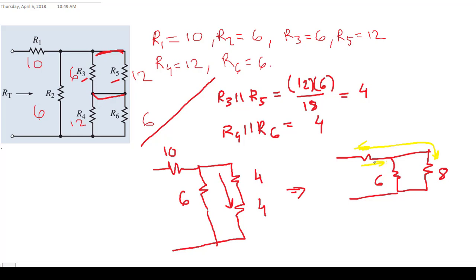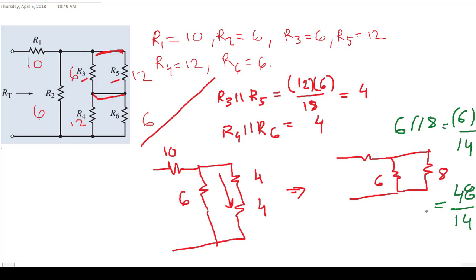Now to find the equivalent, this color, the yellow, is a little bit annoying. Maybe this one. So 6 parallel to 8 is 6 times 8 over the total, which is 14, and that equals 6 times 8 is 48 over 14.